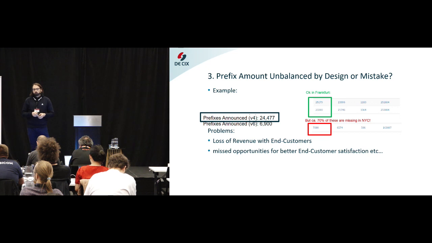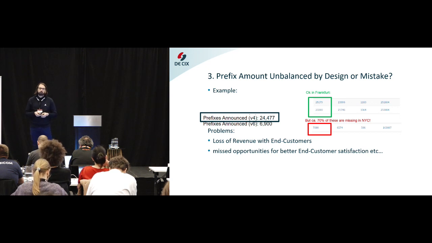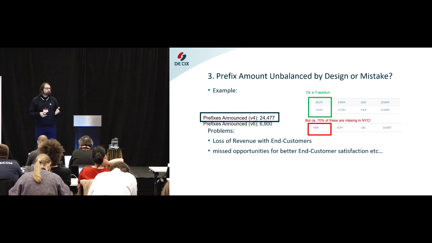Another topic: prefix amount, unbalanced by design or by mistake. This shows a customer scenario having sent 25,000 IPv4 prefixes in Frankfurt, but why ever the same customer sent only 7,000 in New York. That might have to do with continental traffic engineering or whatever.